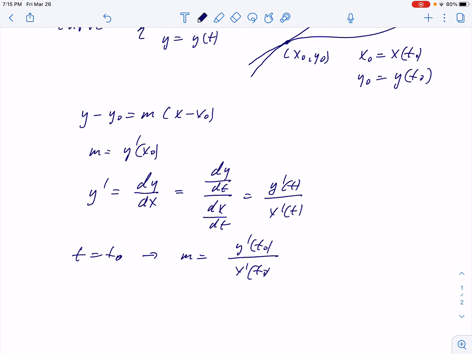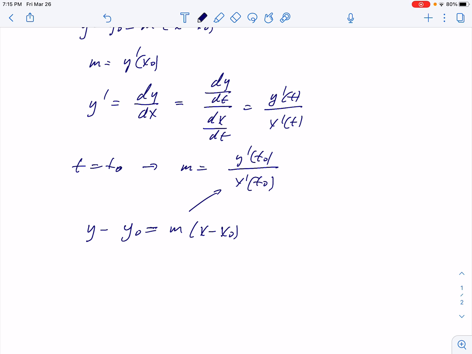So now we can write the equation of the tangent line. Written in Cartesian coordinates, this is y minus y0 equals m times x minus x0, where m is this ratio.